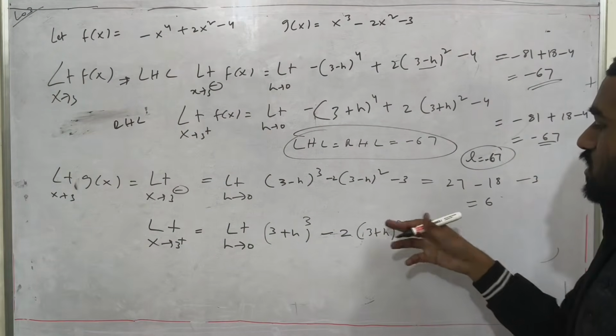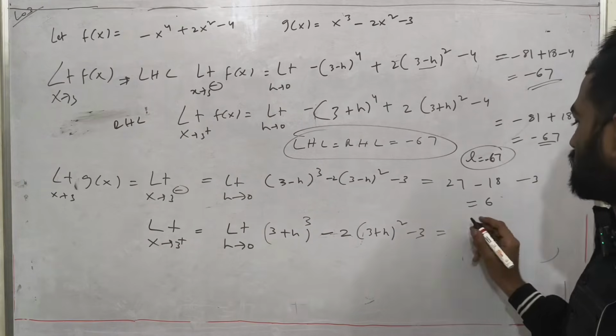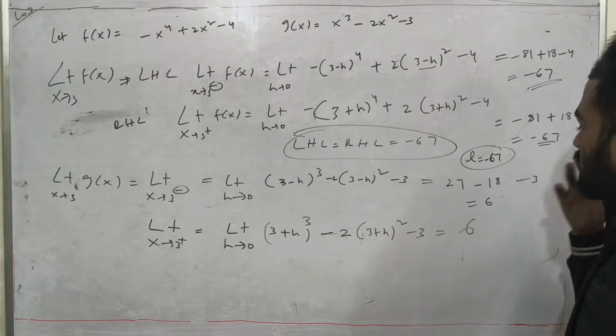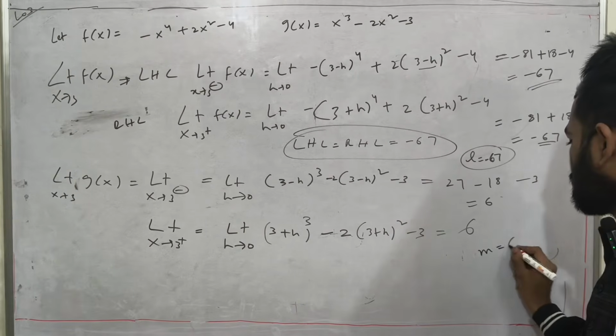This is 3 cube, 27, minus 2 times 3 square, 9, which is 18, minus 3, which equals 6. Similarly, the right hand limit: (3 + h)^3 - 2(3 + h)^2 - 3, which is 27 minus 18 minus 3, so 27 minus 21 equals 6. Left hand limit equals right hand limit equals 6, so M equals 6.